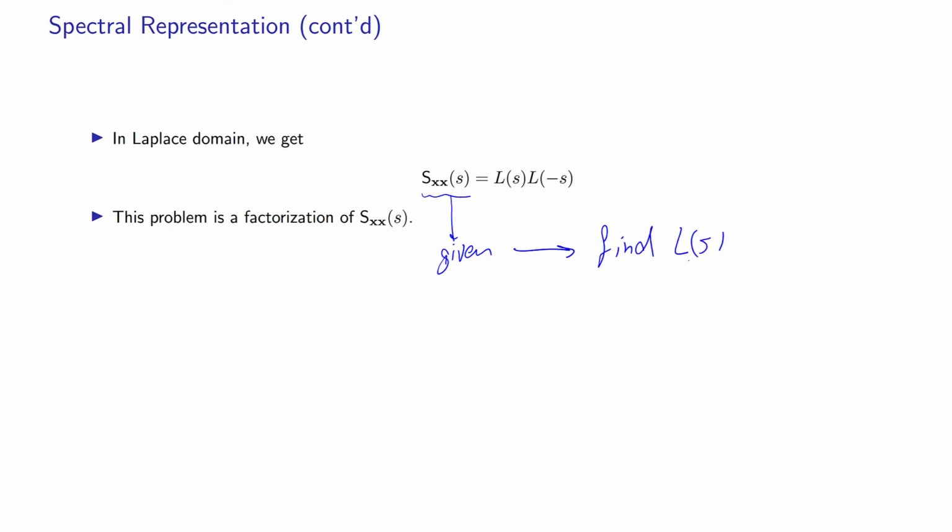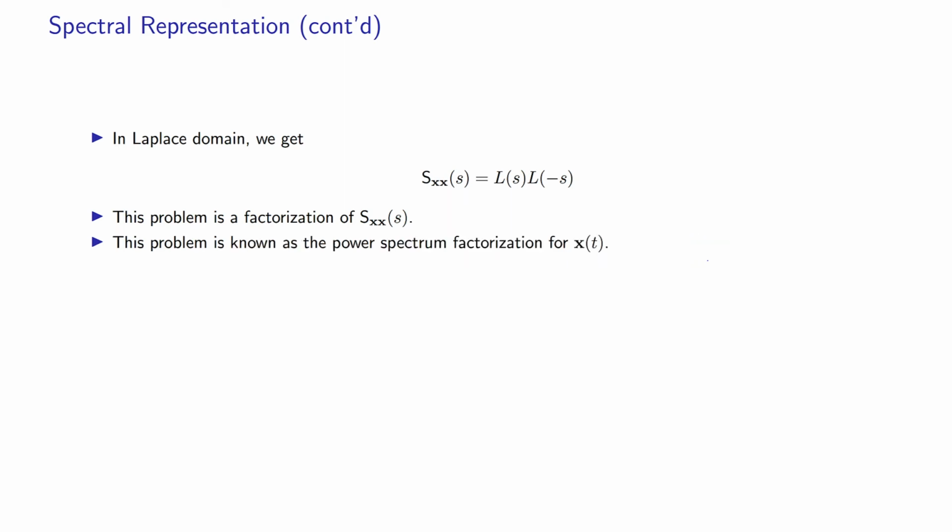And this problem is not difficult, because it's just a function; you decompose it into its terms. This problem is known as power spectrum factorization of x of t. So this is the term we use.